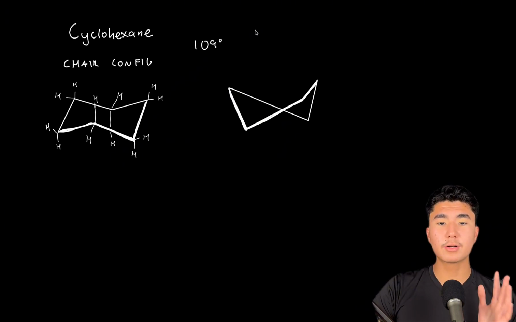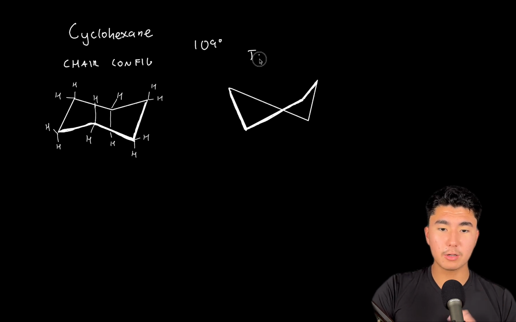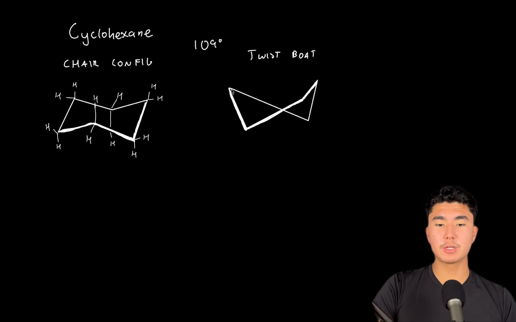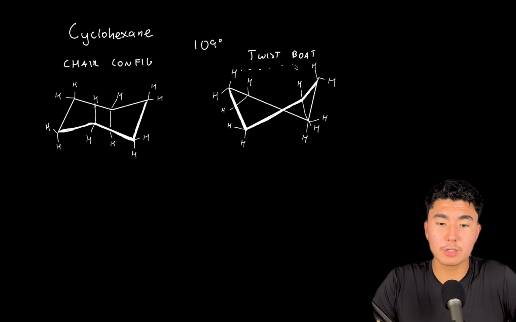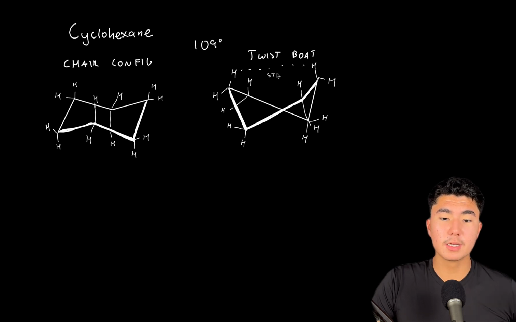Now there is another conformation, and this is called the twist boat conformation. You can see that this one's the front, that's the back carbon. But here's why this is the worst, the least stable form of cyclohexane. With these two hydrogens over here, we're going to experience some steric strain.